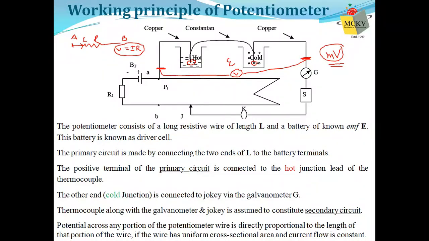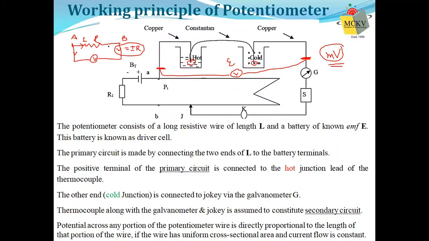What will I do? I'll connect a voltmeter in parallel to this. You know that a voltmeter has a very high resistance, but even so, it will draw a small amount of current towards its own circuit.